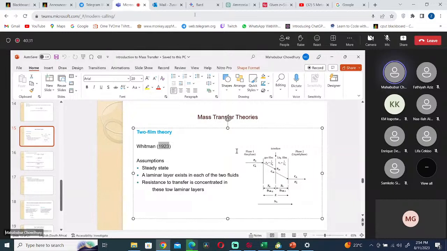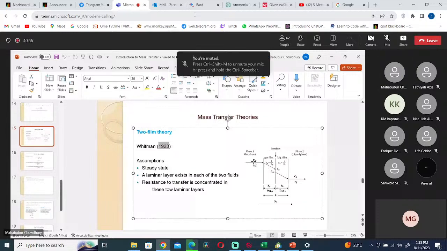If you have phase 1, the gas, you will have a gas film, then a liquid film, and then phase 2, the liquid phase, with its concentration. This is exactly similar to the resistances in heat transfer through conduction. Initially there is a gas film, then a liquid film, and the resistances are here.